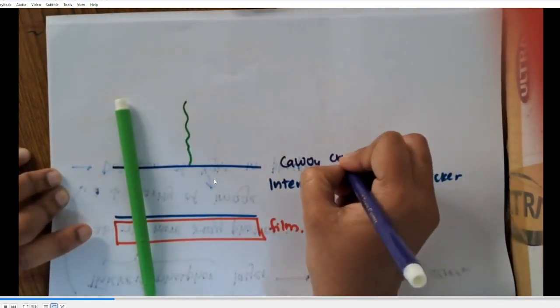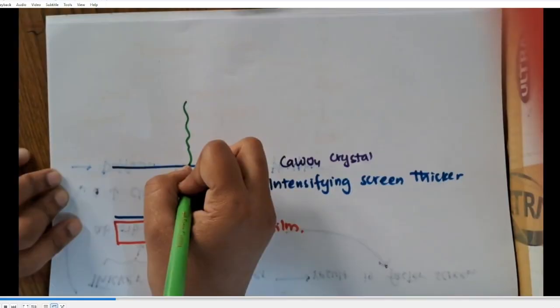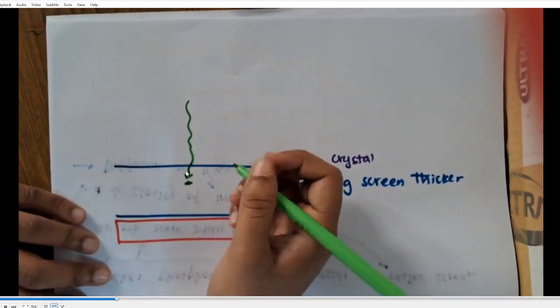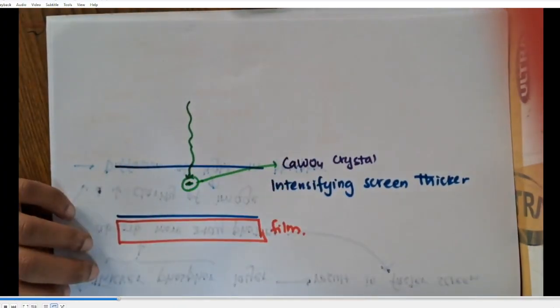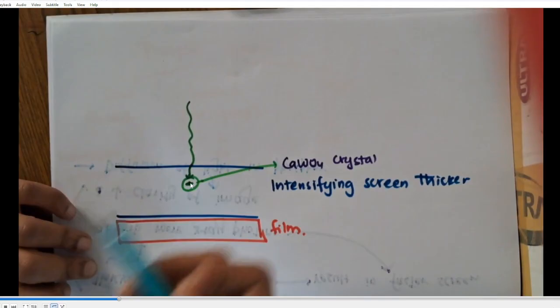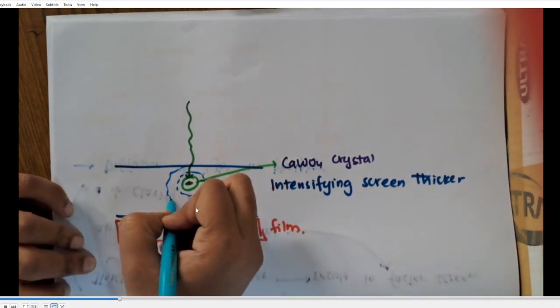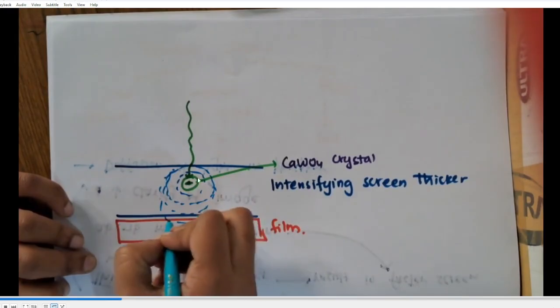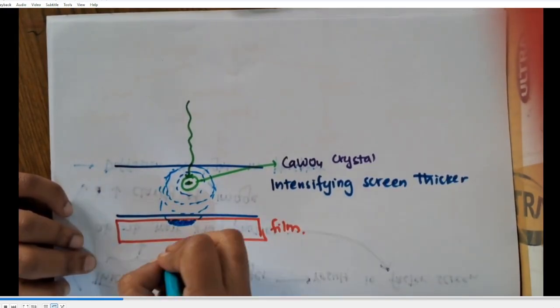If a thick phosphor is employed, an X-ray beam photon is absorbed in the thick phosphor at some distance from the film. Now the light photons are generated in the calcium tungstate crystals by the absorption of this X-ray photon.